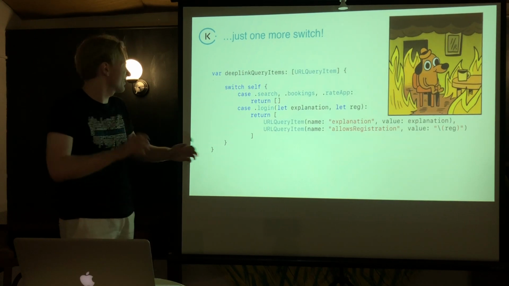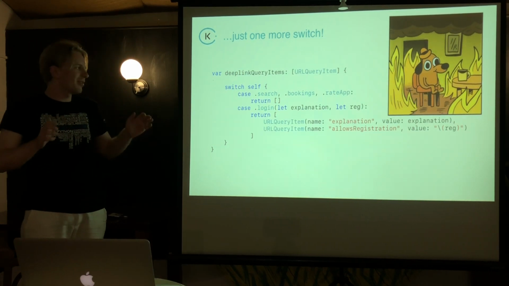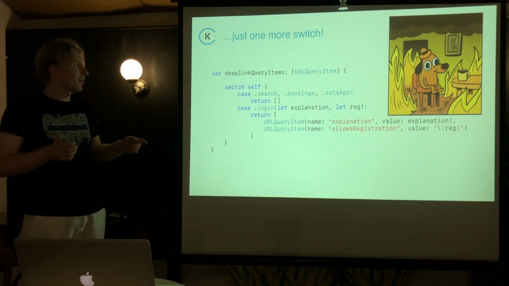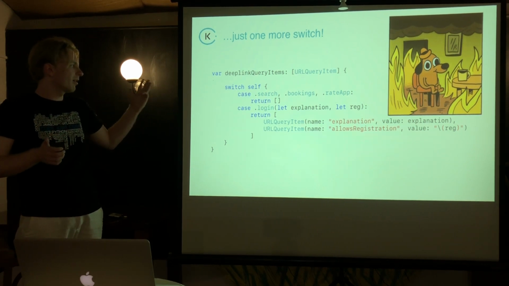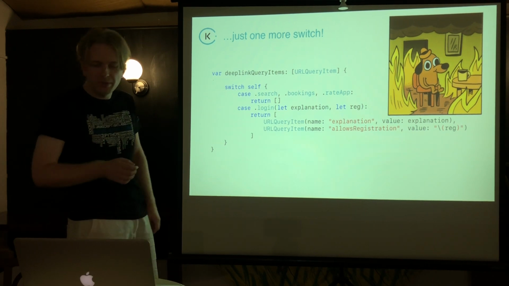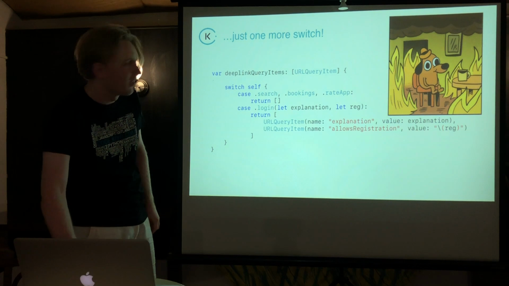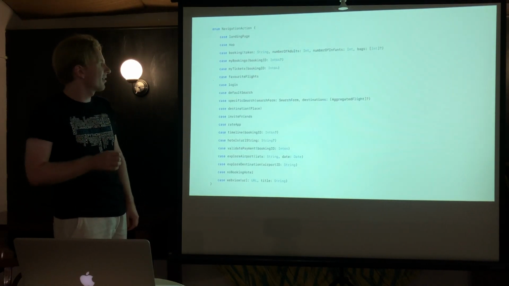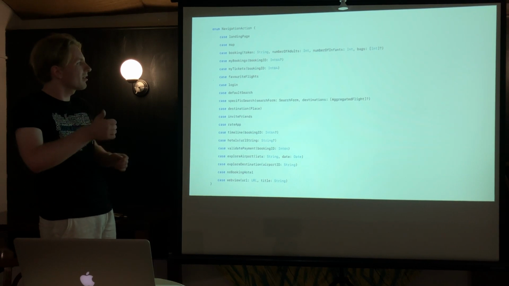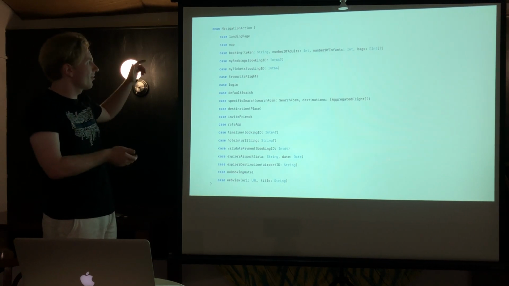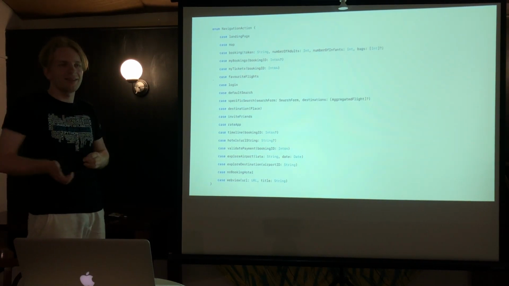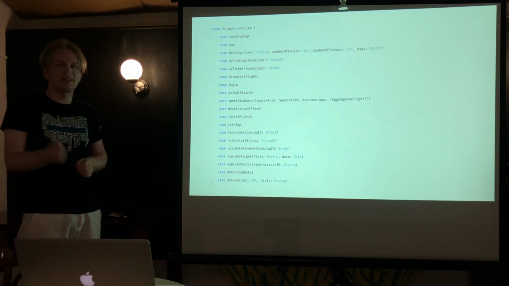But at a certain point, you get too many switches on self. This is just an example with 4 different cases. At last count, when we use the system in our app, we had something like this. You can imagine that one switch over all this needs to be at least this long, and that's just too long for linting.